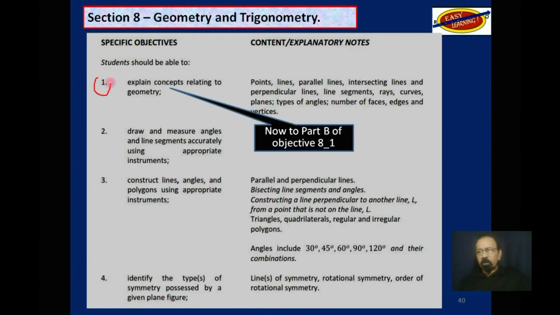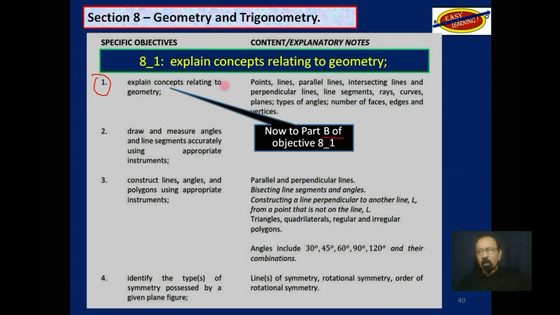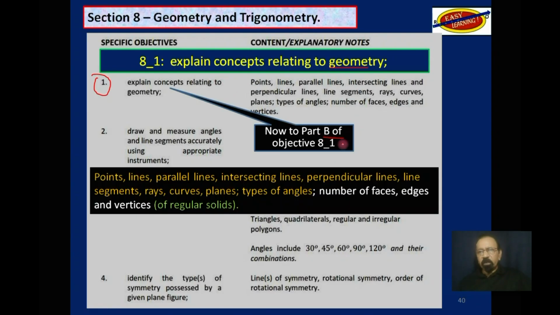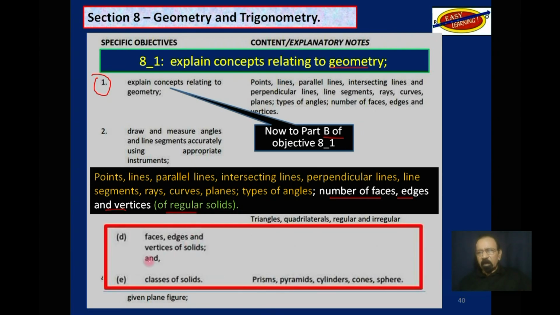This was objective 1, part B, explain concepts relating to geometry, and we had to talk about number of faces, edges, and vertices of regular solids. But this is also what we have to talk about now, 8_5 part D. I don't know how different it will be.